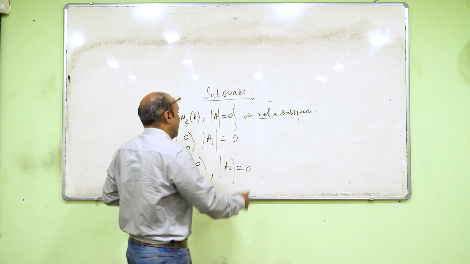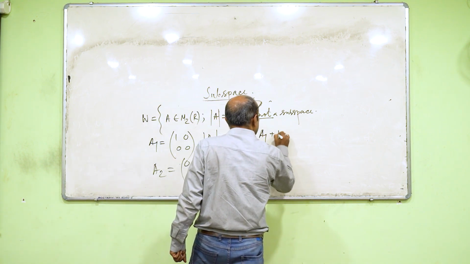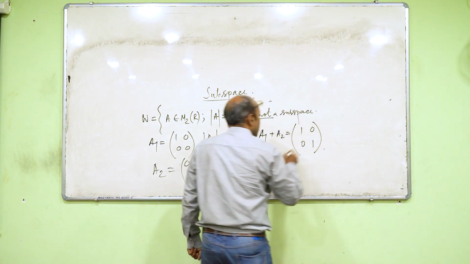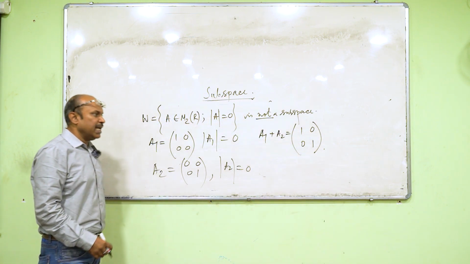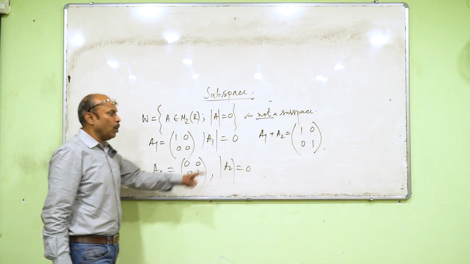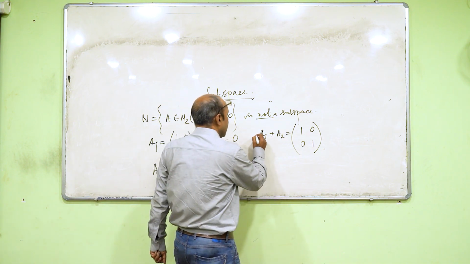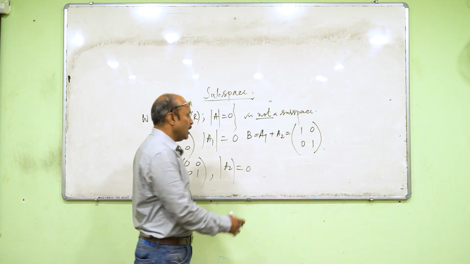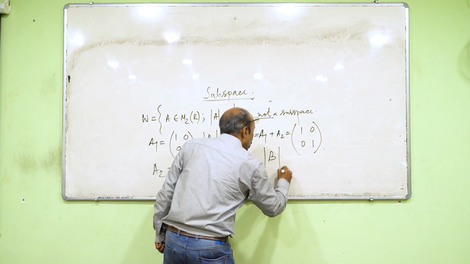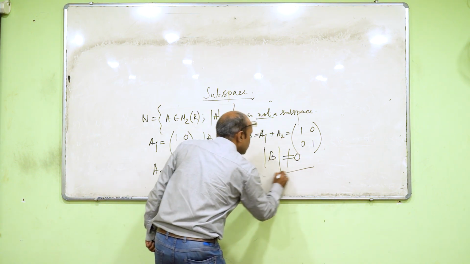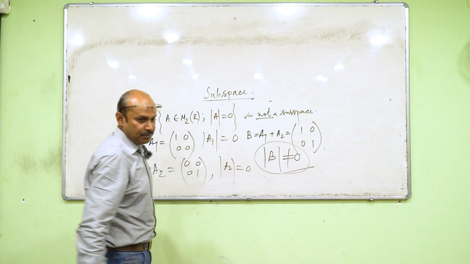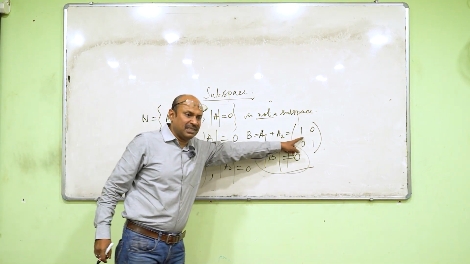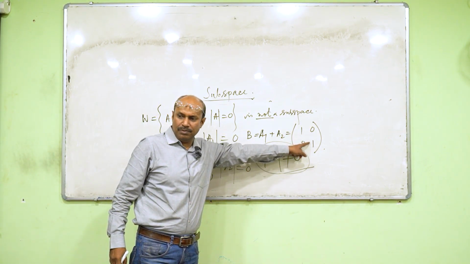Now, what happens with A1 plus A2? A1 plus A2 equals 1 0 0 1. Let's take it as B, so B equals A1 plus A2. But you see that the determinant of B is not equal to 0, because this is a unit matrix of order 2.